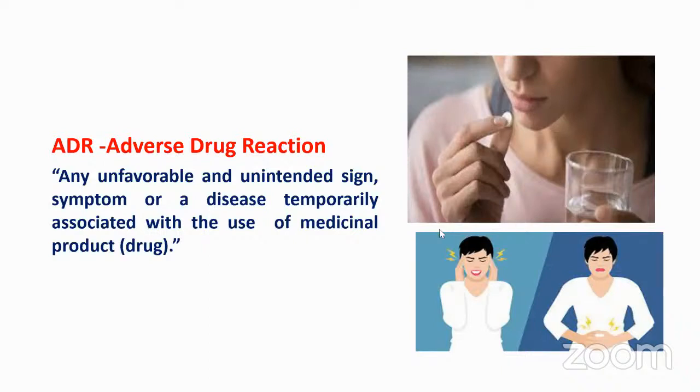Indication is a disease for which you are taking a drug. Actually, for indications or diseases, we take the drugs. But other than the indication being cured, we get some adverse drug reactions, other unintentional, unfavorable symptoms or signs. That may be a temporarily associated disease also. Those reactions we call adverse drug reactions.